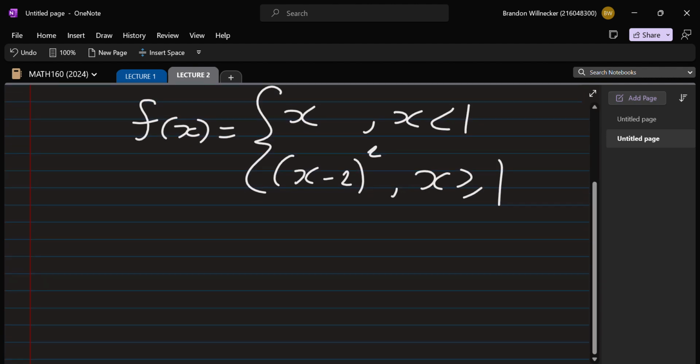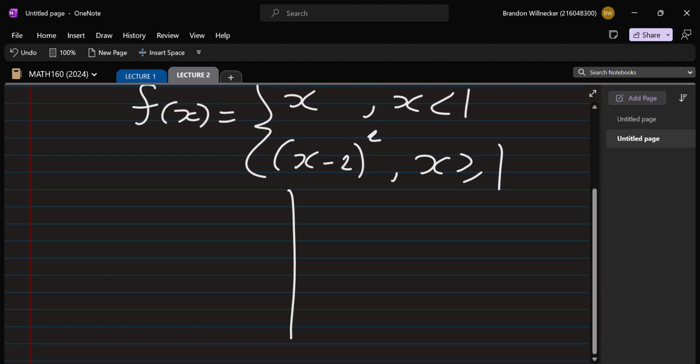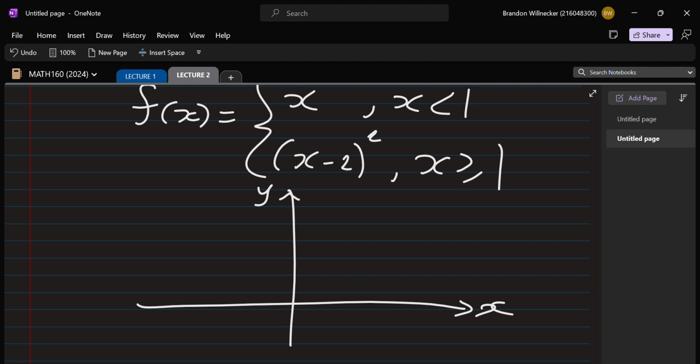Okay, so let's have a look at what this will be. Same thing as before, we have x and y. So we start off with the x-axis to see where our subdomains are, and then on each subdomain, we sketch what's given. So here, when x is less than 1, we have the function x.